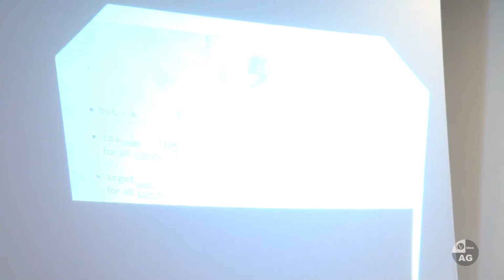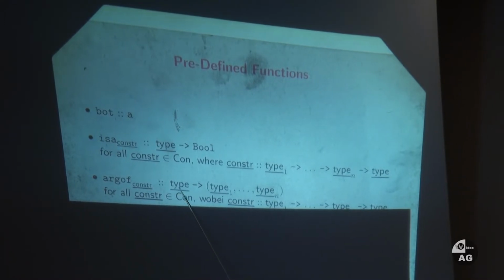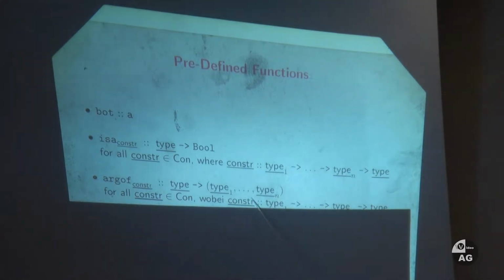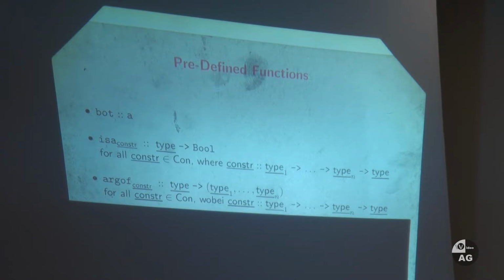So for every data constructor, we also introduce this arg-of function. What it does is it takes an argument of a type, and if this is built with this data constructor, then it gives you back the tuple of the arguments. So how would it look for the data constructor cons?